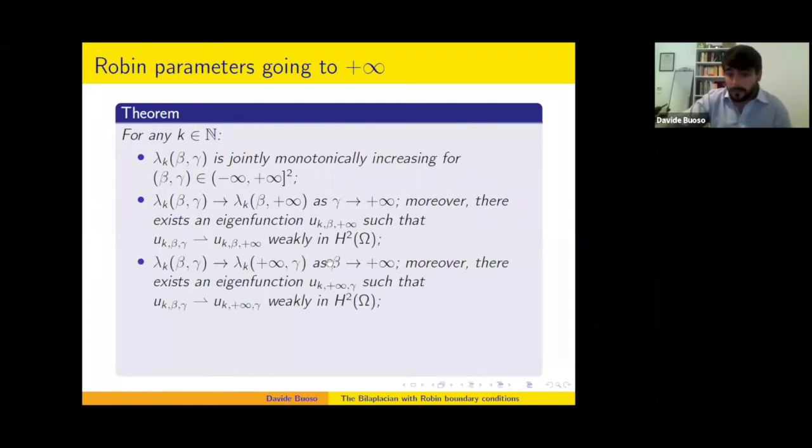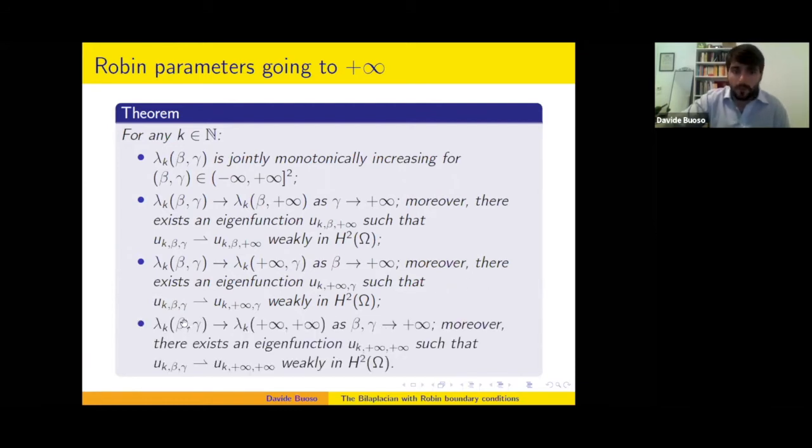When you send beta to plus infinity, you have convergence to the Cutrer-Sigillito eigenvalues and also convergence of the eigenfunctions weakly in H2. And finally, when both beta and gamma go to plus infinity at the same time, you have convergence of the eigenfunctions and of the eigenvalues to those of the Dirichlet bilaplacian.